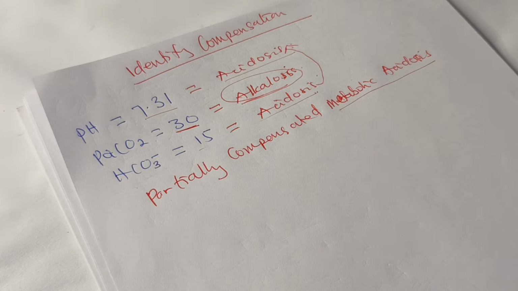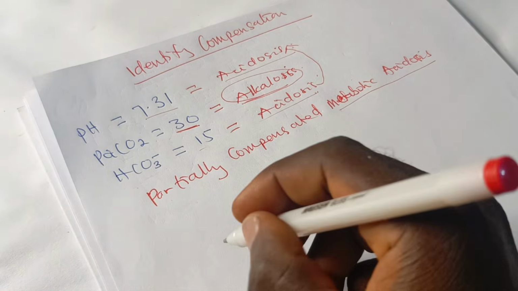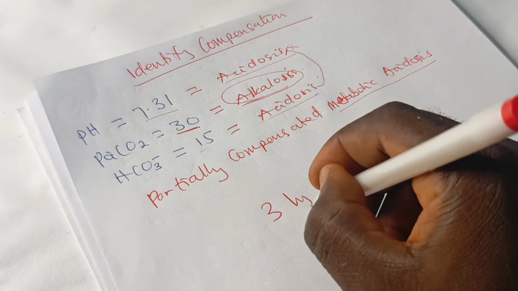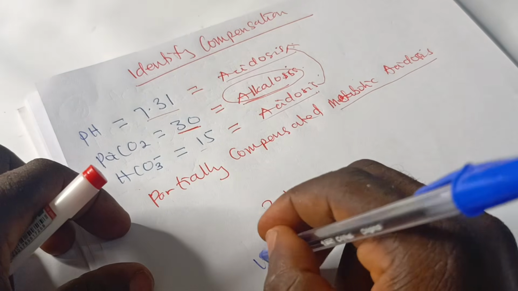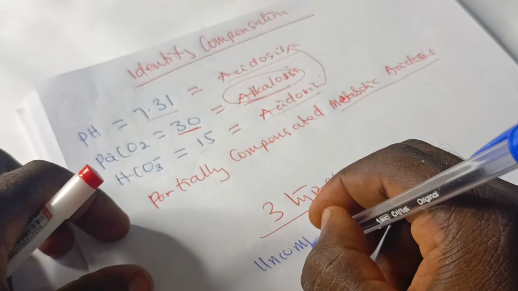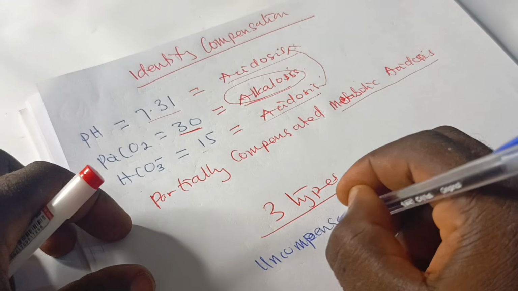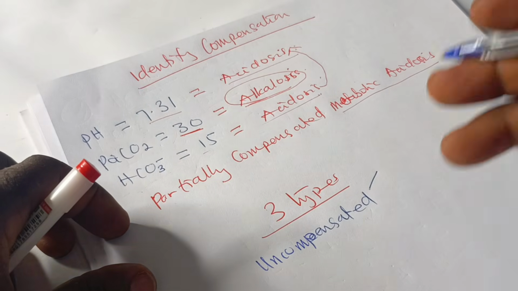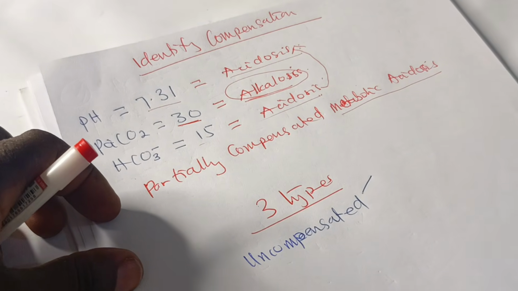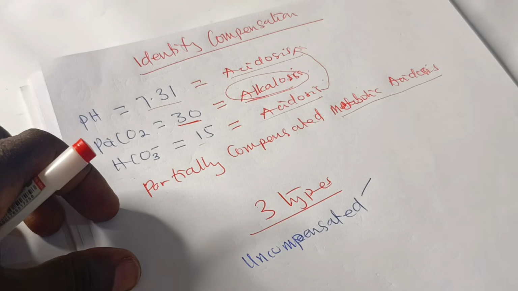Are you getting the point? So for compensation, we have three types. We have uncompensated, so uncompensated can be respiratory alkalosis, respiratory acidosis, metabolic alkalosis, metabolic acidosis.